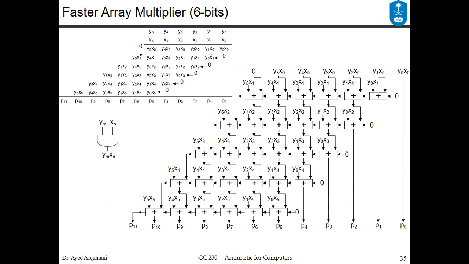What happens now in the hardware, this is one way to organize the array multiplier. This is also called a parallel multiplier. And it's a direct implementation of the partial products with the shift and everything. So you can notice the first one here, x0 ANDed with y0, goes directly to the partial product 0.